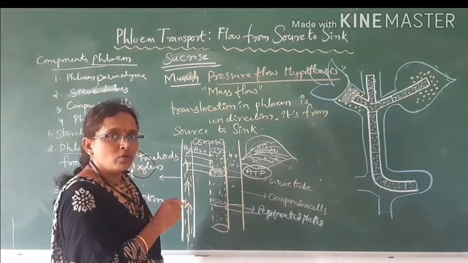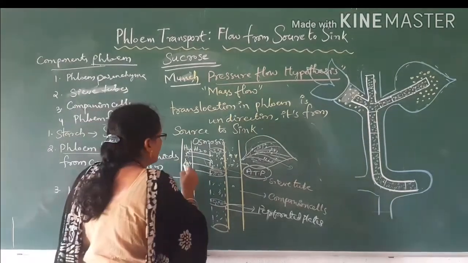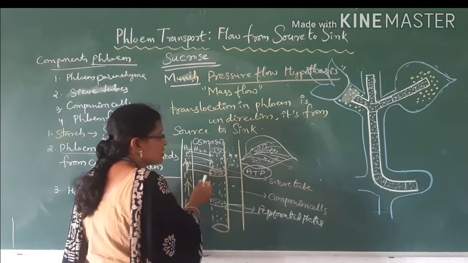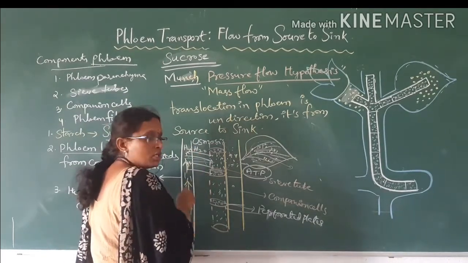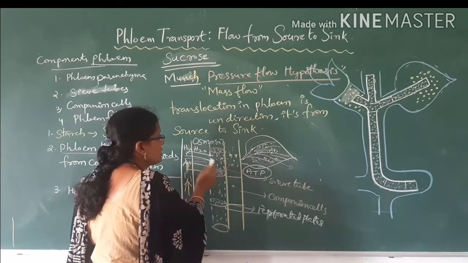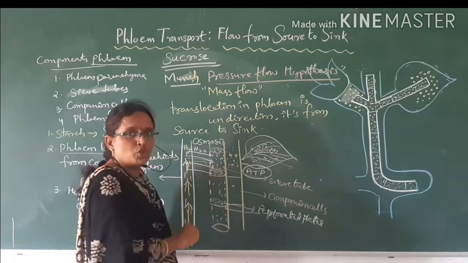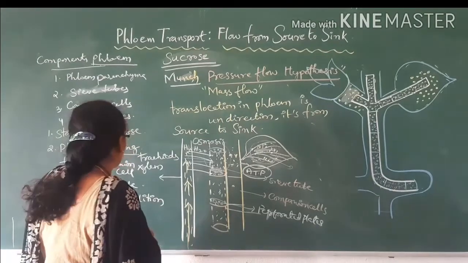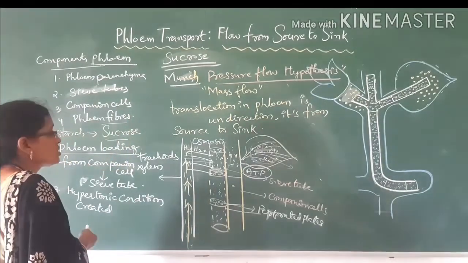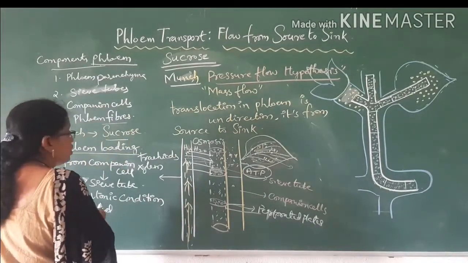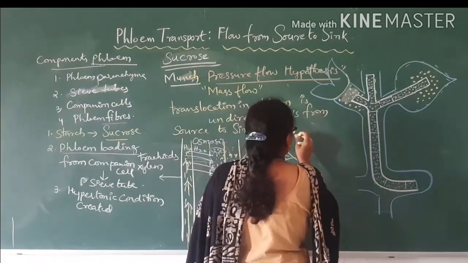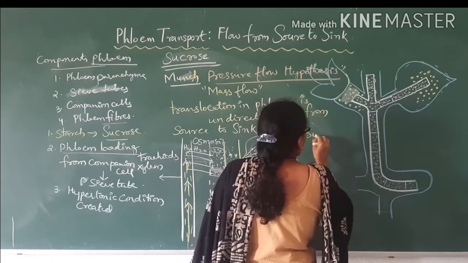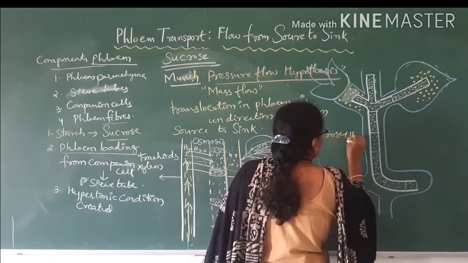When the hypertonic condition is created, ultimately water comes from the adjacent cells. What are the adjacent cells? Adjacent cells are xylem. So from the xylem, water comes into the sieve tubes. Now the solution of sucrose plus water is formed.